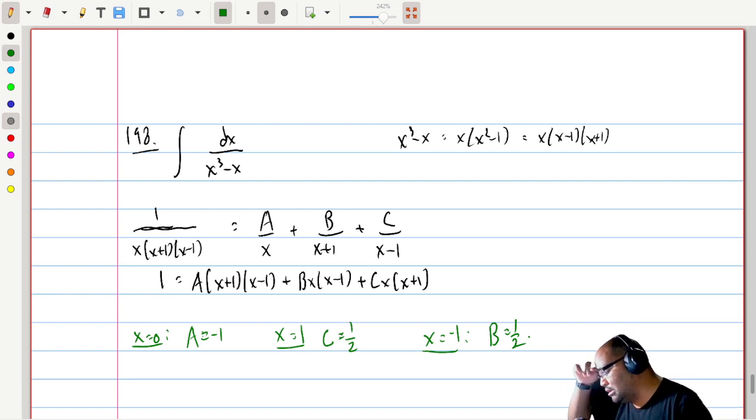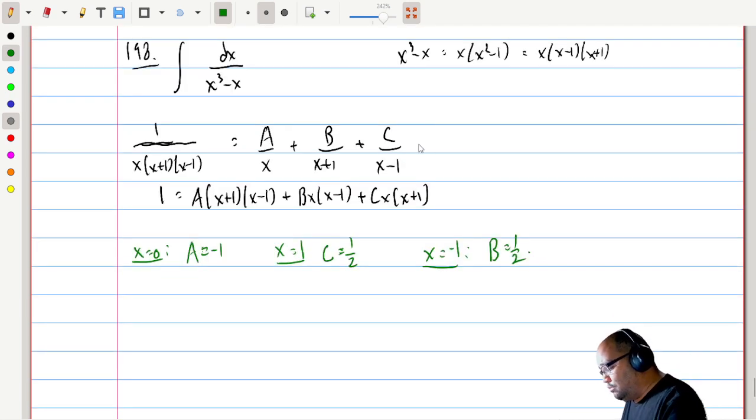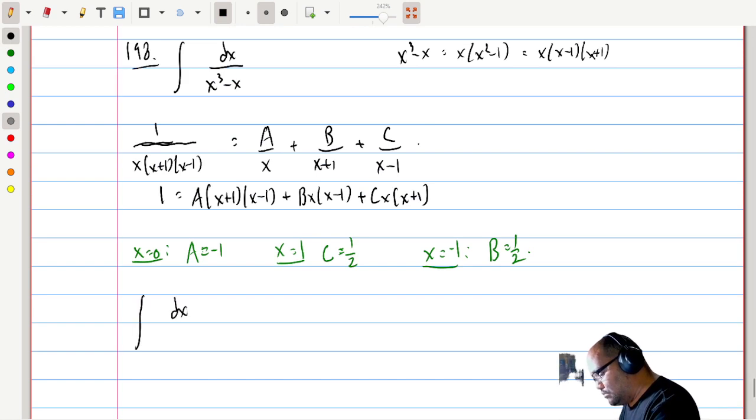Okay. Now we're set up for our partial fractions integral. So this is now a linear combination again of three log integrals. Well, A is -1 here.